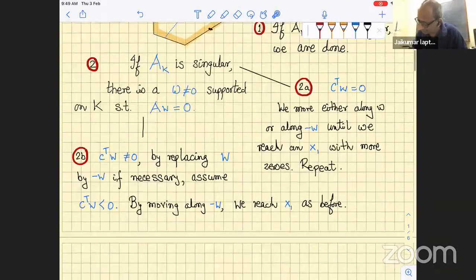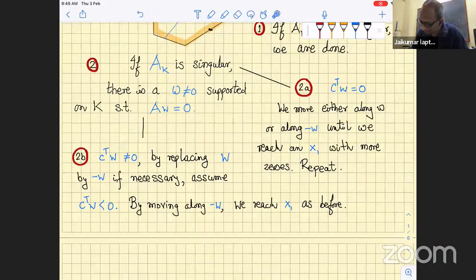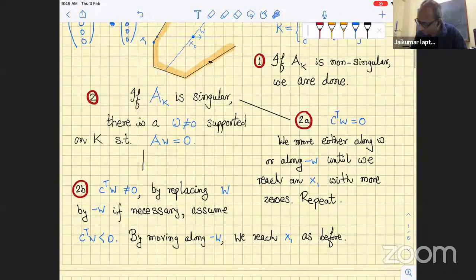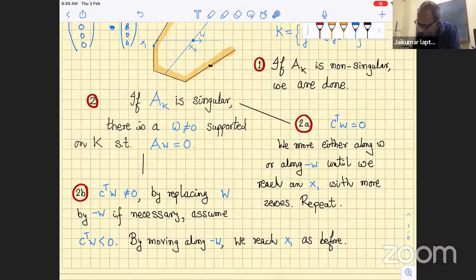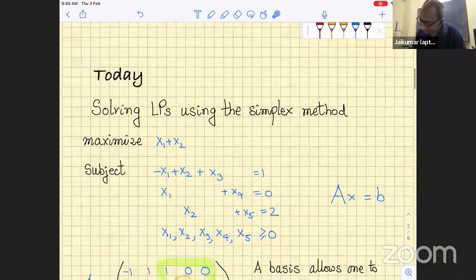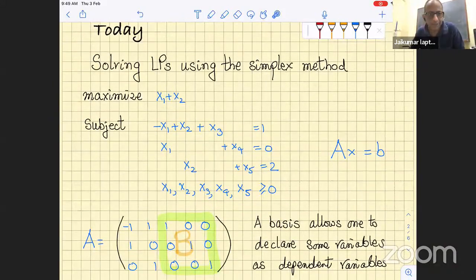So just think about these. There are two cases. One is a very happy case, and the other splits into two cases, which again become happy. All right.